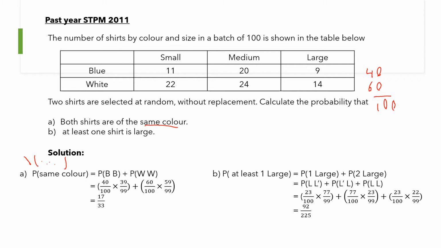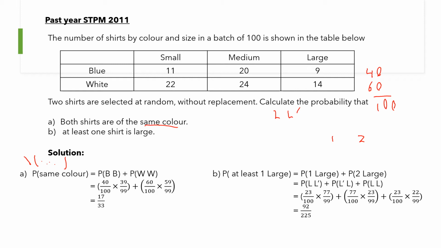Sorry. So B, at least one shirt is large. So at least one shirt is large. That means it can be one shirt as large or 2 shirts as large. So the first, let's say I choose first large and second is not large.